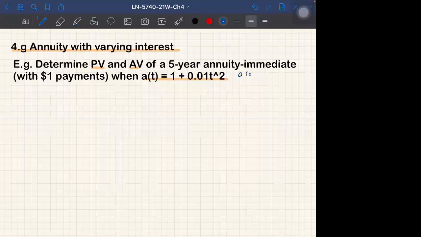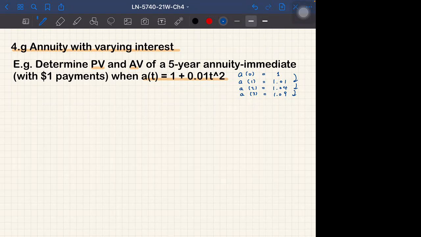So A(0) is normalized as 1, but A(1) is equal to 1.01, A(2) is equal to 1.04, and A(3) is equal to 1.09, and so on. So in the first year, interest is 1%. The second year, slightly less than 3%, and third year, slightly less than 5%. So interest rate changes over time.